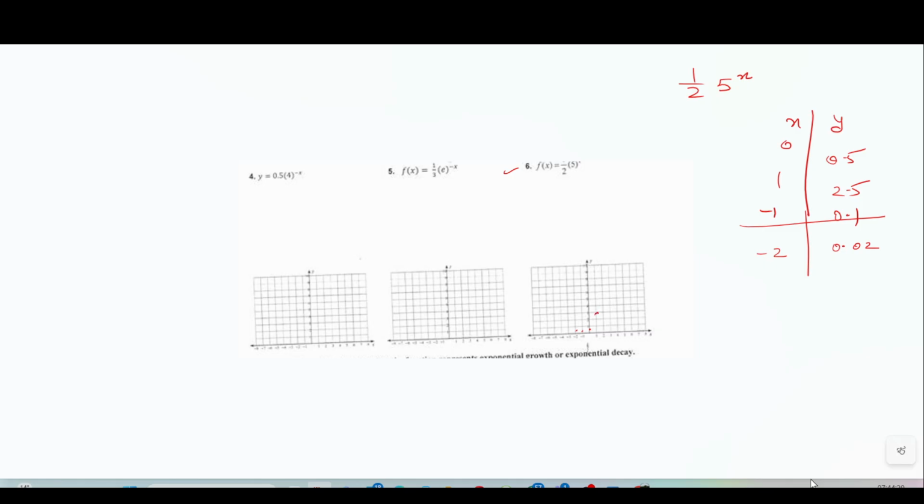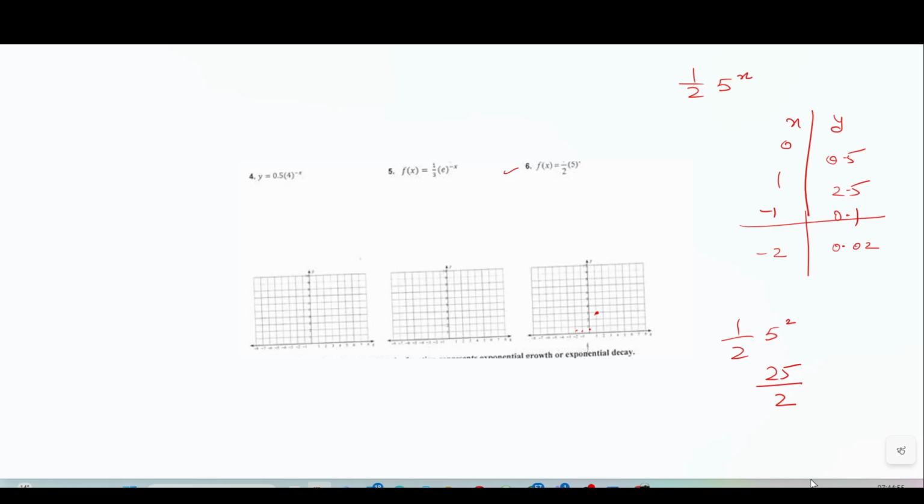How would I graph 2? I don't really know how to do 25 over 4. For what value of x? Positive 2, right? Yeah. That's 5 squared is 25. 25 divided by 2, that's what you need to do.